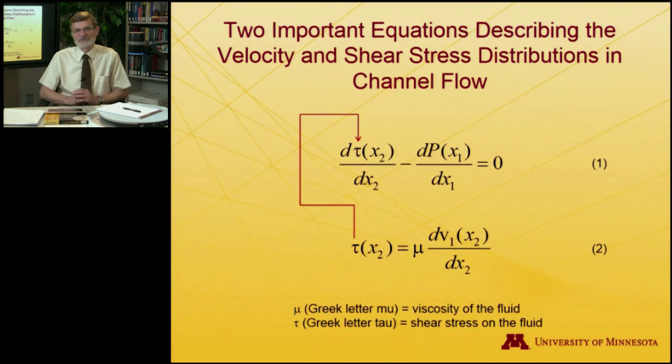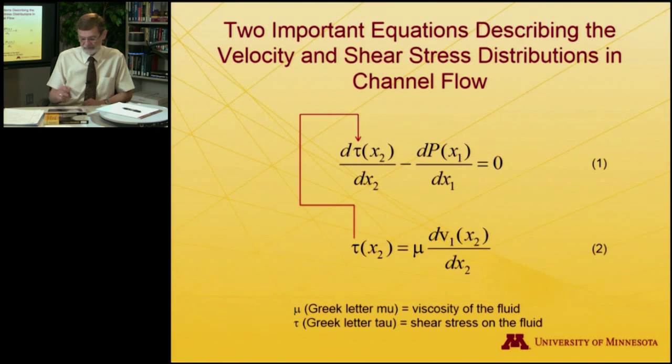So here are the two equations that we arrived at last time. Equation 1 came about from a force balance, sometimes called Stokes' equation. And equation 2 came about as a description of what a Newtonian or a linear viscous fluid looks like, relating the shear stress through the viscosity to the velocity gradient. So what we're going to do is take equation 2, the shear stress term, and plug it into equation 1, which shows the derivative of the shear stress.